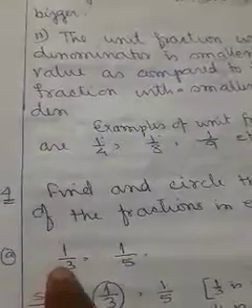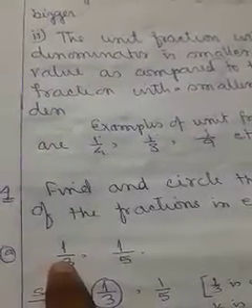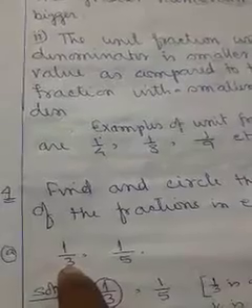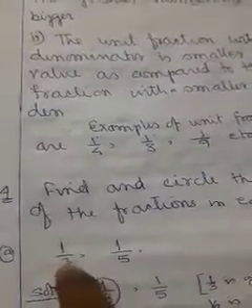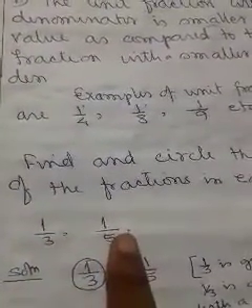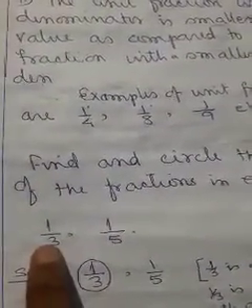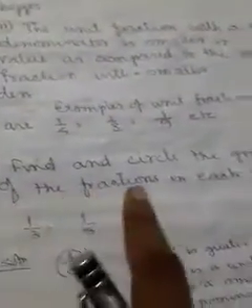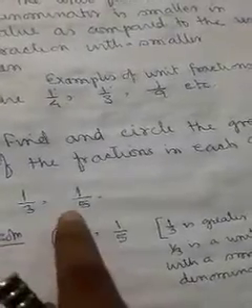Remember, in case of unit fractions, if any fraction has the smaller denominator, then that fraction is considered greater. So here 1 by 3 and 1 by 5, the smaller denominator is in 1 by 3, that's why it is greater. And according to the question, we have to circle the greater one, that's why I circled it.